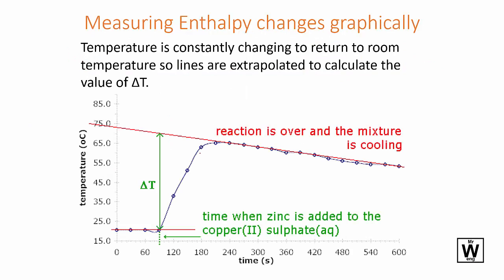Okay, so this also happens in reverse with endothermic reactions. Right here we're looking at an exothermic reaction. You're going to do one of these as your mandatory pracs, and you're going to have to do this as well. So you always let it sit stable for a while, and this is the point where you add the chemical to it. It takes a while for the reaction to occur.